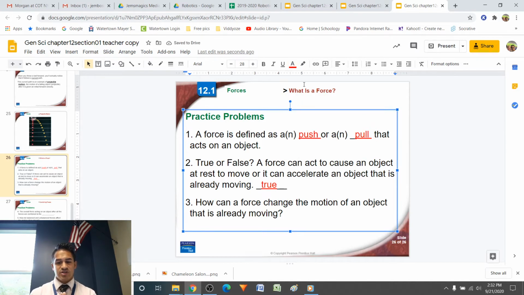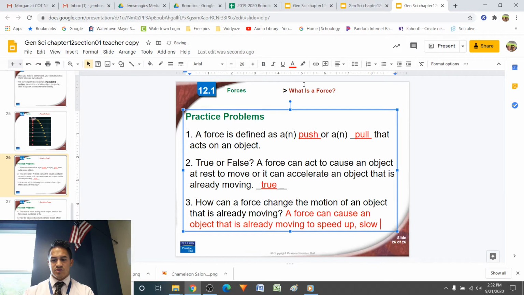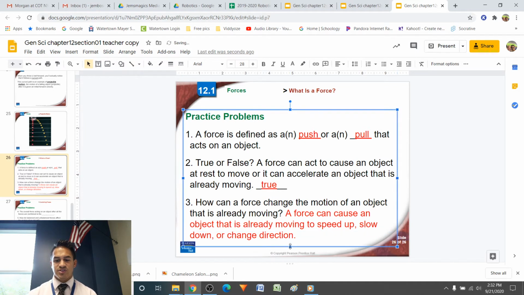Okay, so we're going to say something along those lines. So we can say a force can cause an object that is already moving to speed up, slow down, or change direction. Okay, because again, it will cause acceleration, which essentially is any of those things.